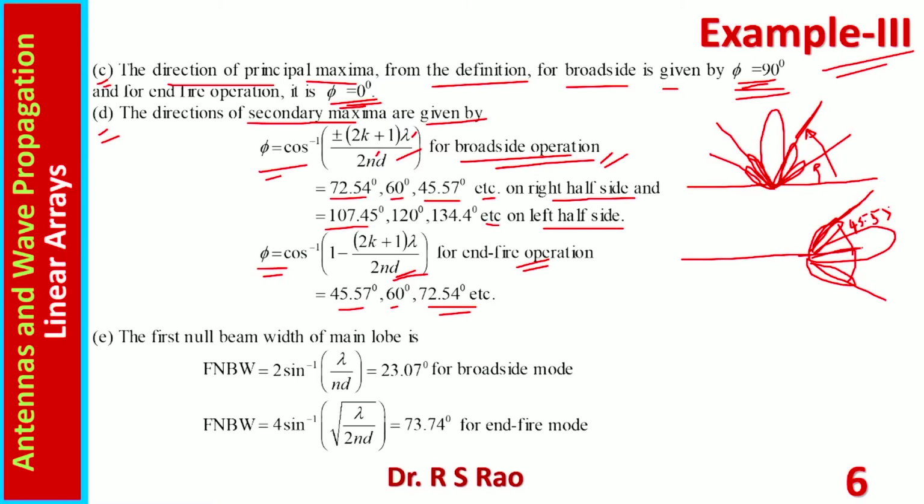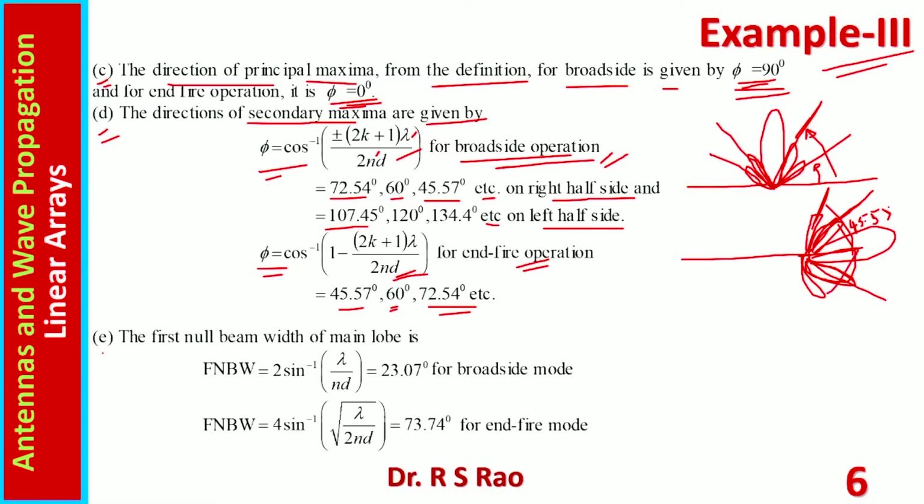It indicates two planar side lobes. Actually, this is one side lobe, 60 degrees. This is another side lobe. It represents 60 degrees. This one also 60 degrees.